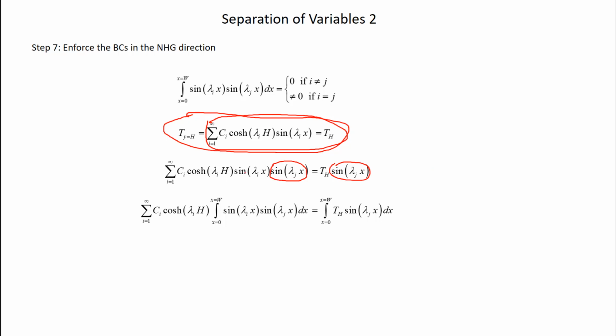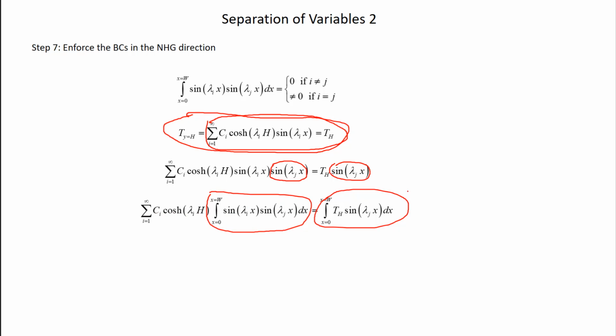And then I'm going to integrate both sides from x equals 0 to x equals w. Again, no problem. Whatever I do to one side, I can do to the other side. And the magic of this is that this is an infinite number of integrals, one for every term. All of these integrals go away except for one.